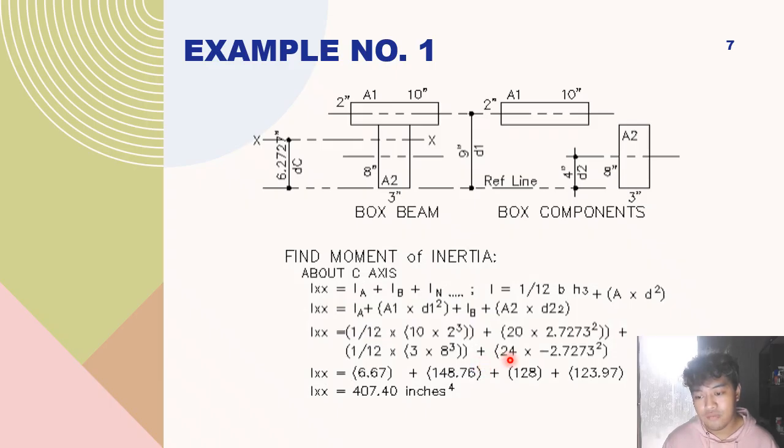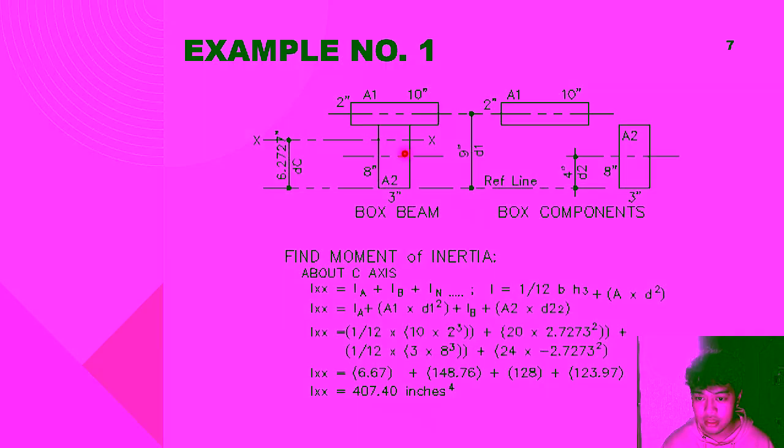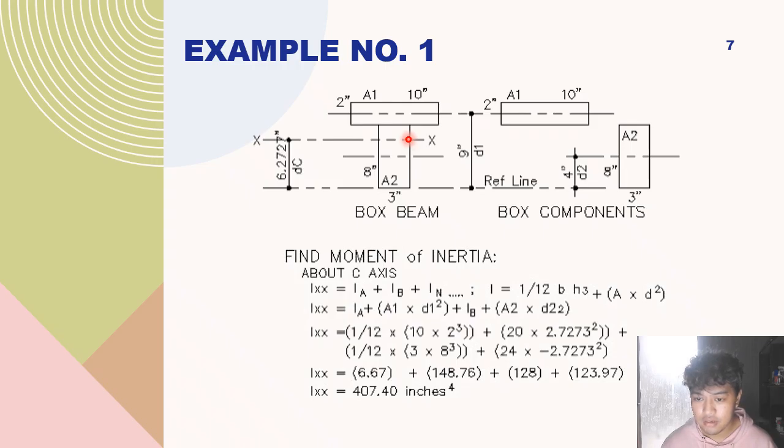Then plus 24, we have our area, times, in this case, we have a distance of 2.7273 from the centroid towards the, no, sorry, this is a wrong value.